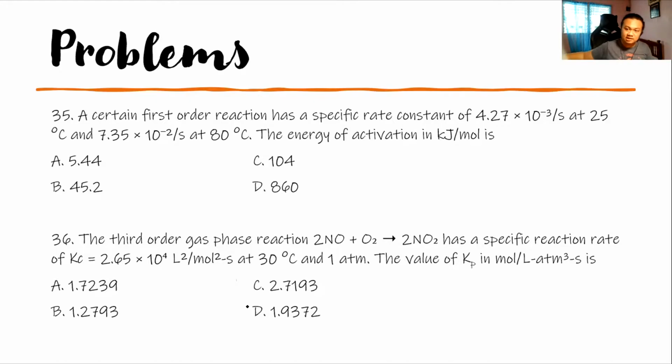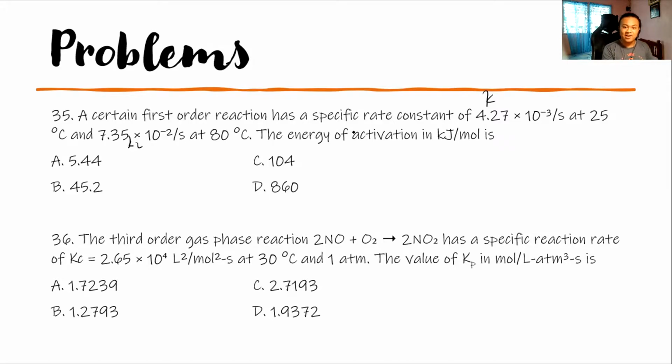A certain first order reaction has a specific rate constant of 4.27 times 10 to the negative 3. So that's the letter K, and then at 25 degrees Celsius, so 298 K. So K2 at 80 degrees Celsius, diba?